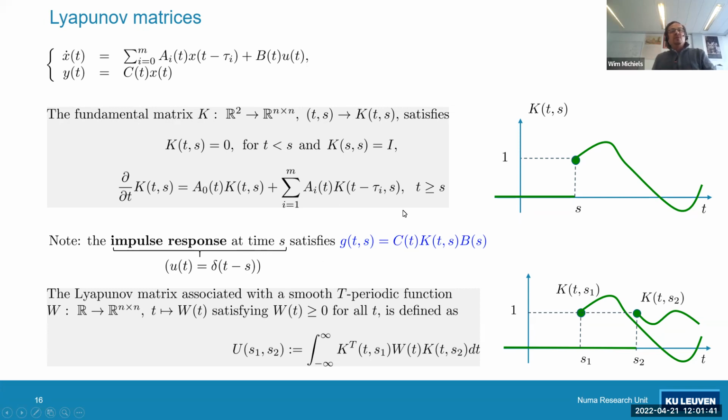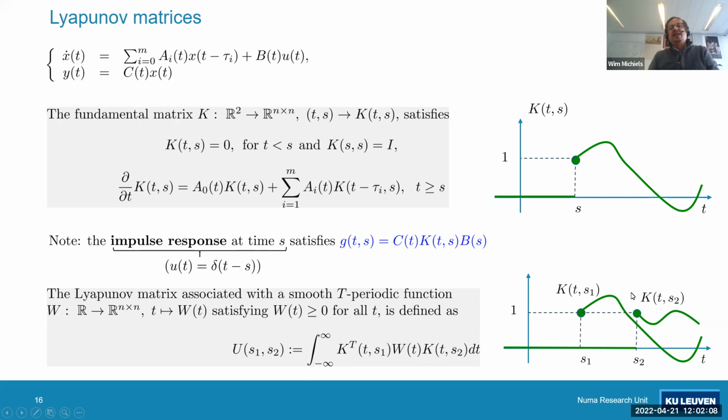So what's now the Lyapunov matrix associated with some positive semi-definite kernel W, which is also periodic? It depends on two variables, S1 and S2, and you take the integral from minus infinity to infinity of K transpose, the fundamental solution starting at time S1, and to the right K starting at time S2.